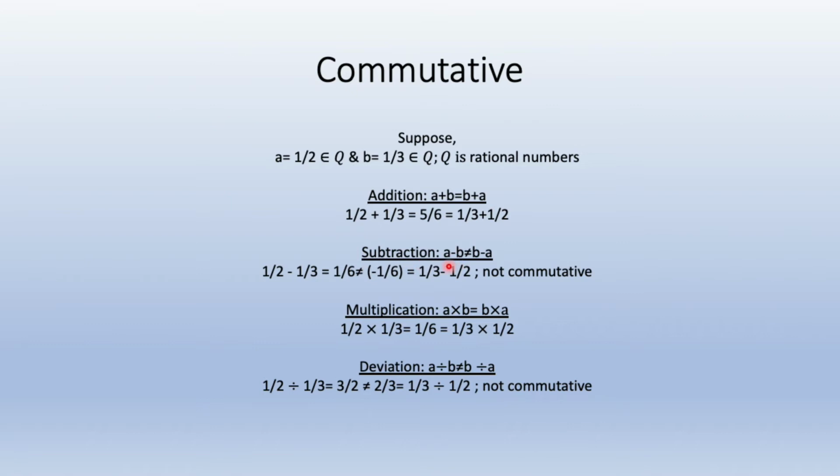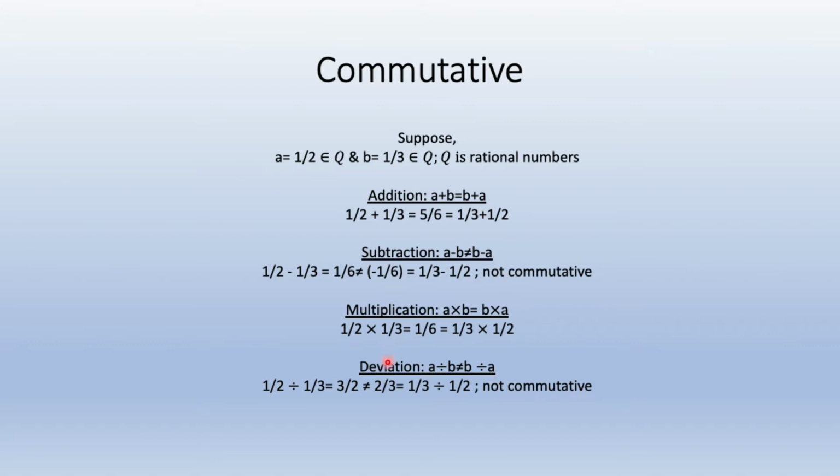Left hand side, A minus B means 1 by 2 minus 1 by 3 is equal to 1 by 6. But from the right hand side, B minus A, we are getting minus 1 by 6. So both are not equal, which means rational numbers are not commutative under subtraction.